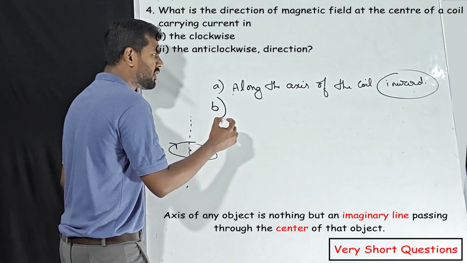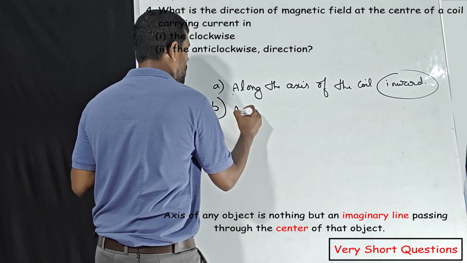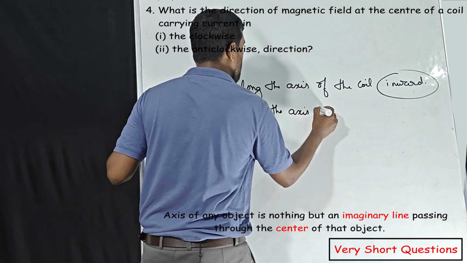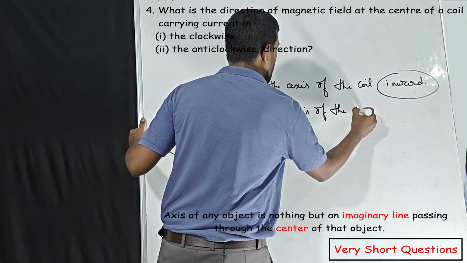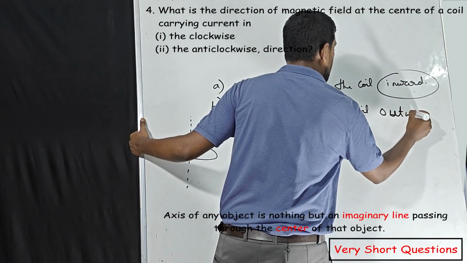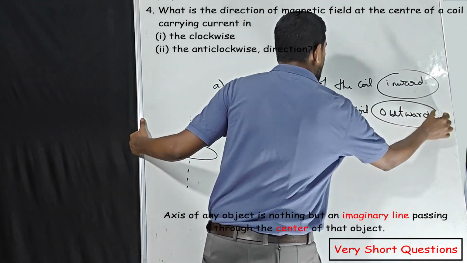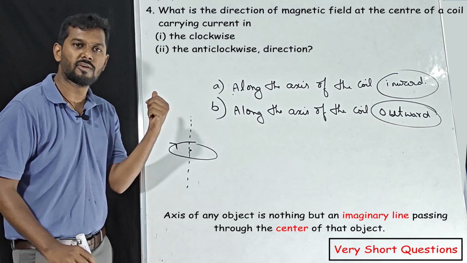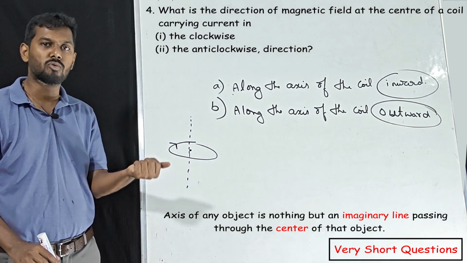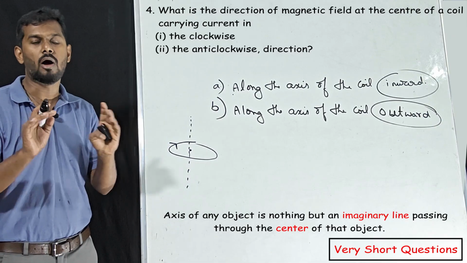If it is anti-clockwise, the same answer, along the axis of the coil, it is outward. If it is clockwise, inward; anti-clockwise or counterclockwise, it is outward.